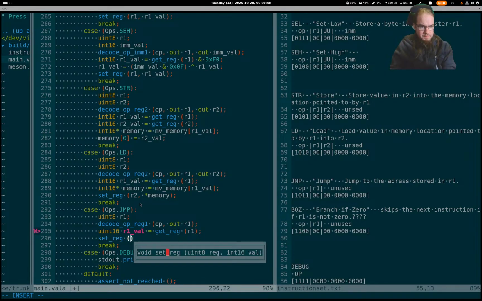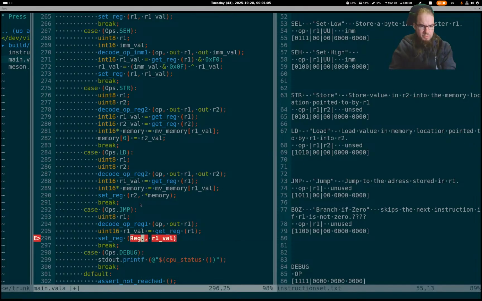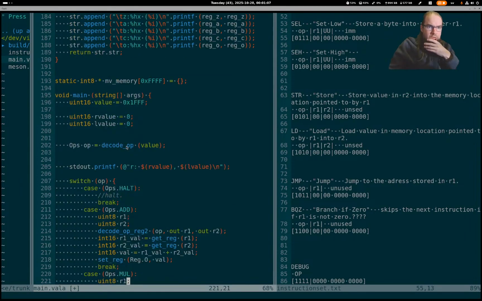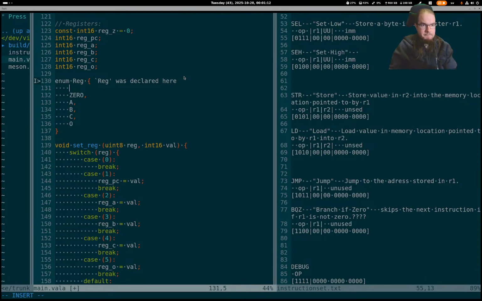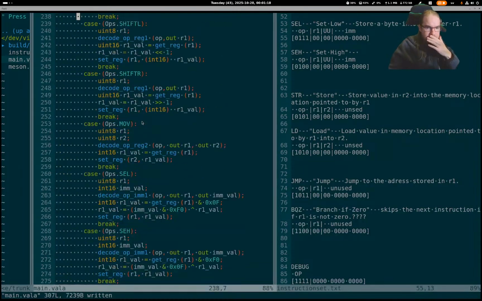Set reg R1, not reg dot. We don't have the PC. That should be the first one. PC.